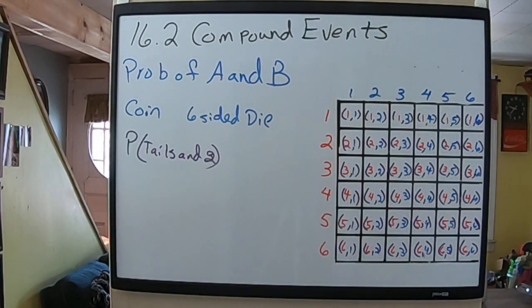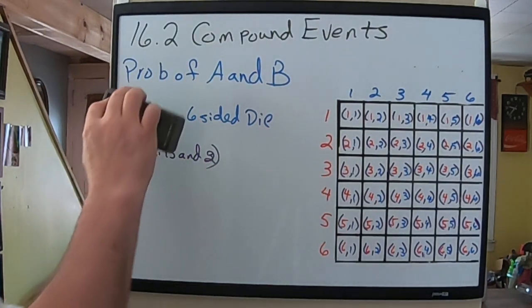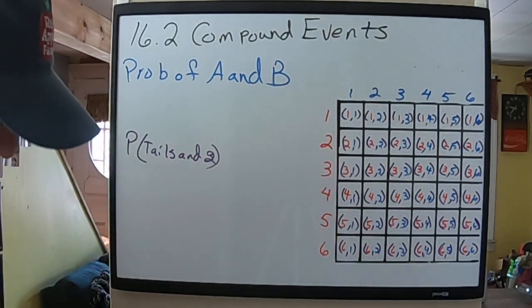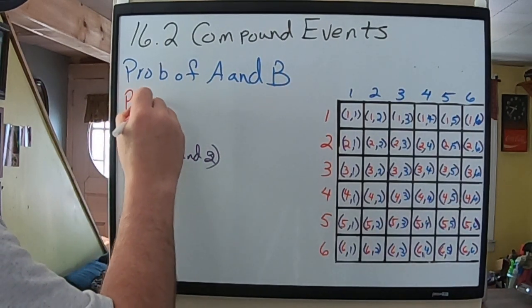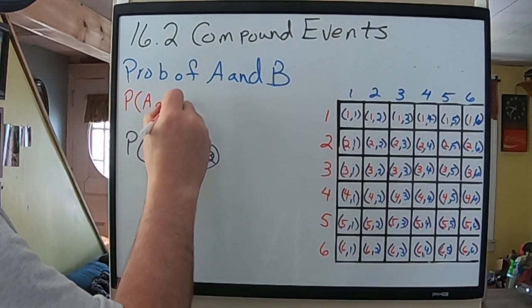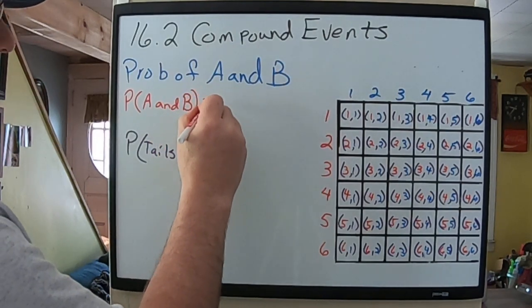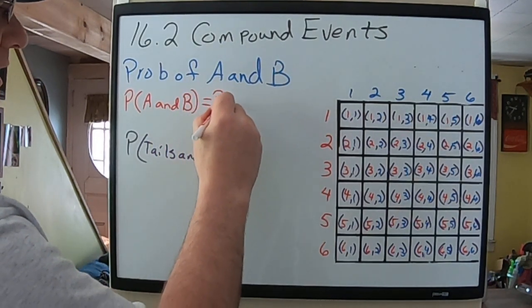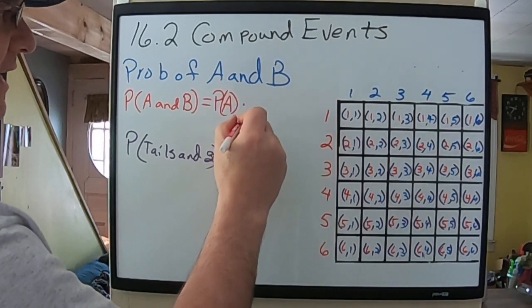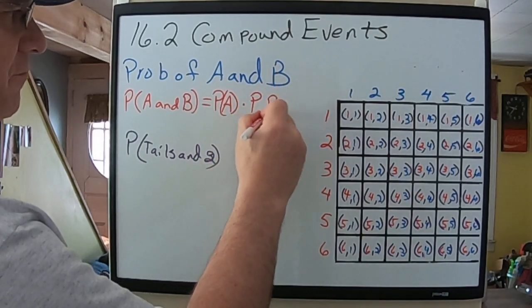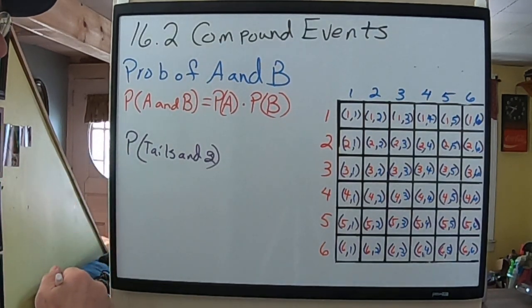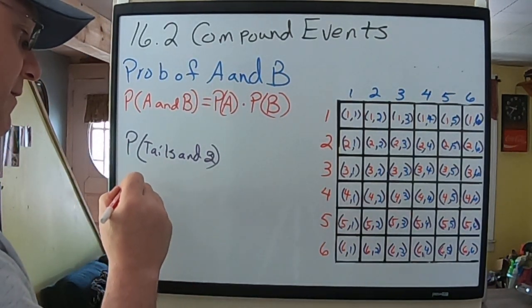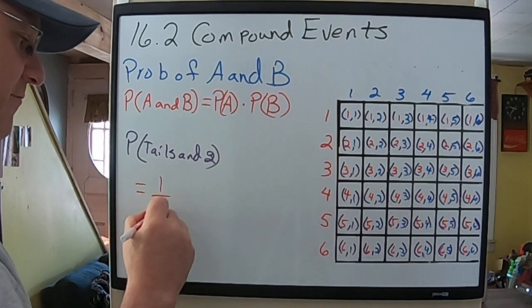Now the probability of A and B happening is probability of A times the probability of B. Now in this case, the probability that you get a tail when you flip a coin is 1 out of 2, right?